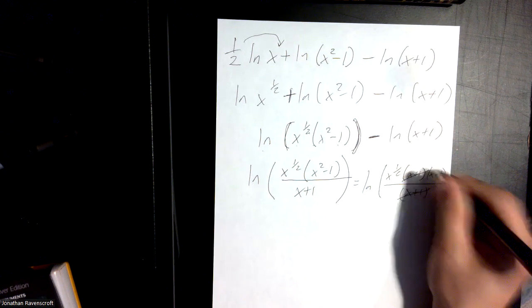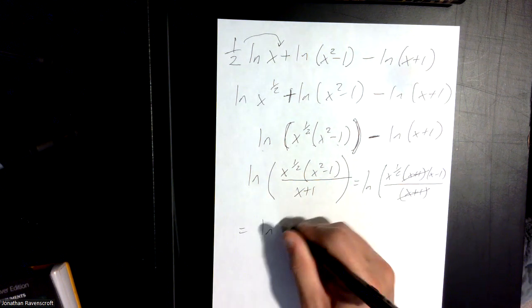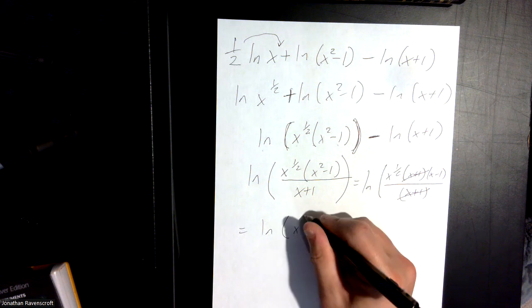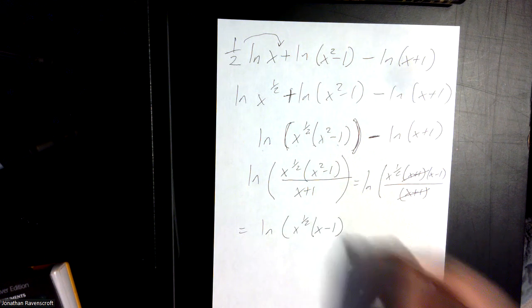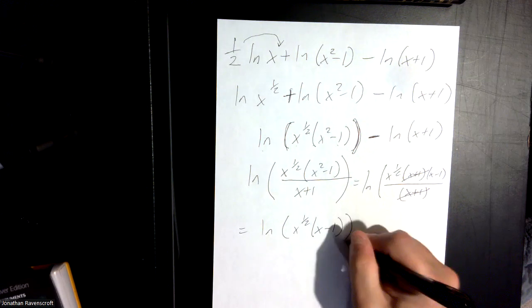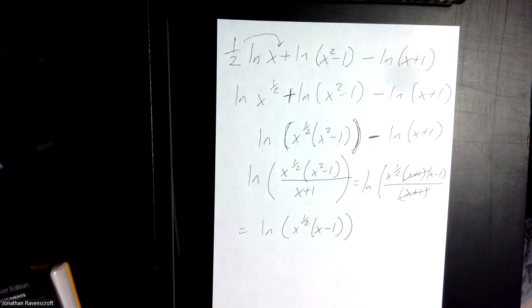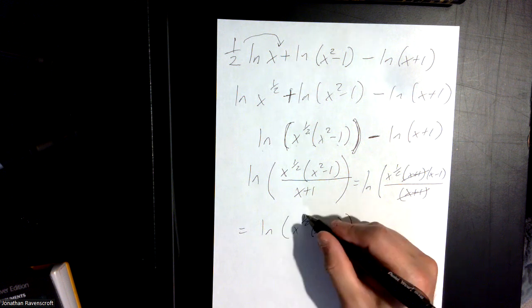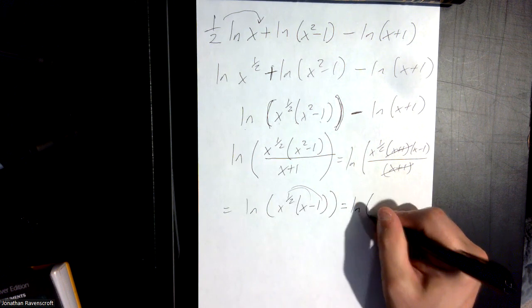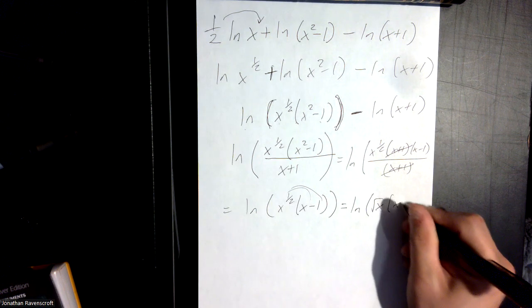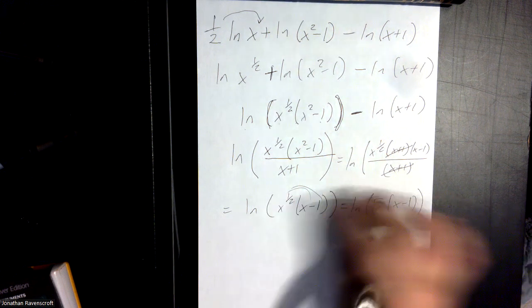This actually cancels out, leaving us the natural log of x to the 1/2 times x minus 1. I think that's a simplified enough form. If you really wanted to, you could distribute this. That'll be kind of busy looking. If you really wanted to, you can say x to the 1/2 is square root of x times x minus 1. Again, this is all pretty much the same thing.